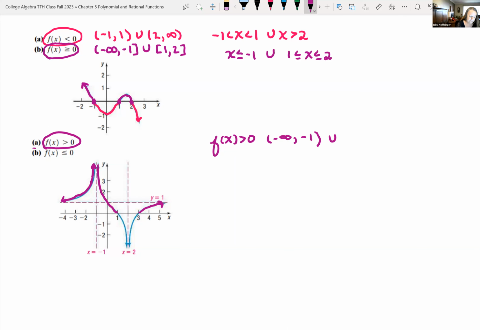Union from -1 to 1, not including -1 and 1, and union parentheses 3 to infinity. If I was to state this as an inequality instead of interval notation, this would be x is strictly less than -1, union -1 less than x is less than 1, union x is greater than 3.